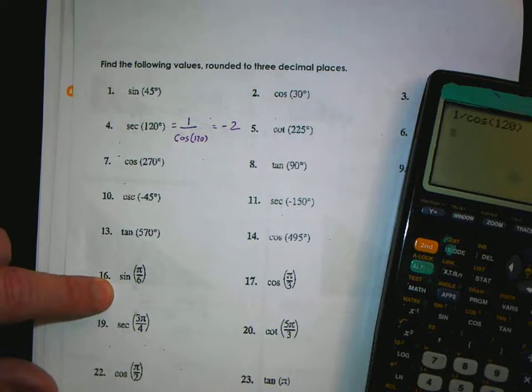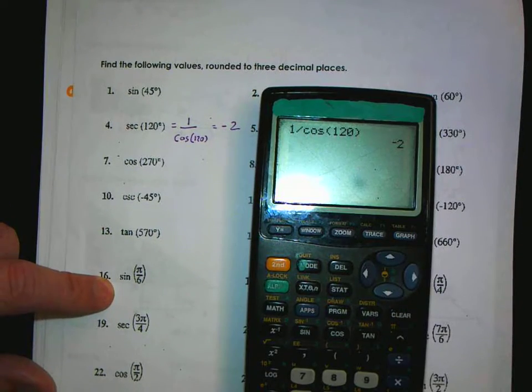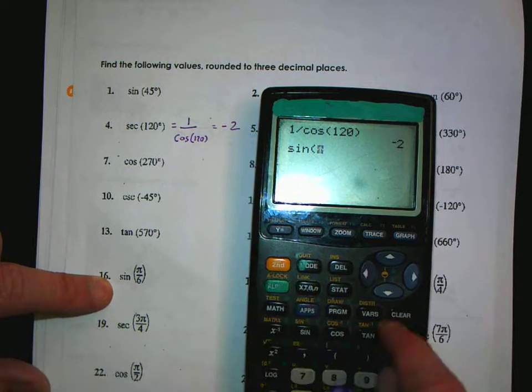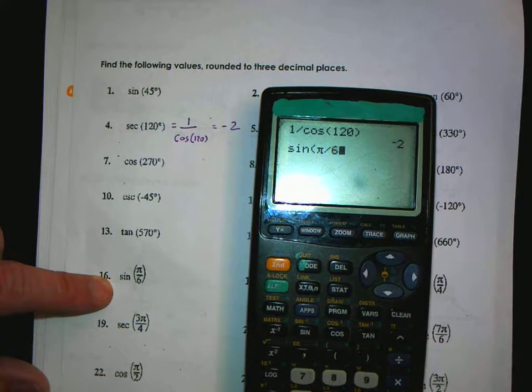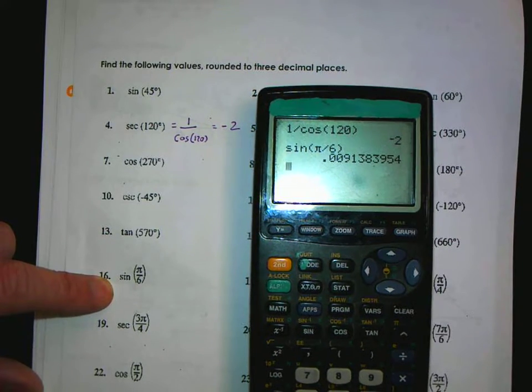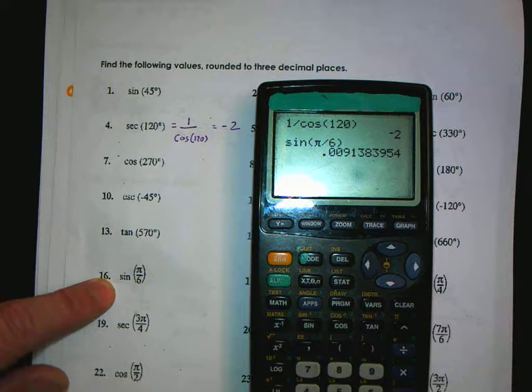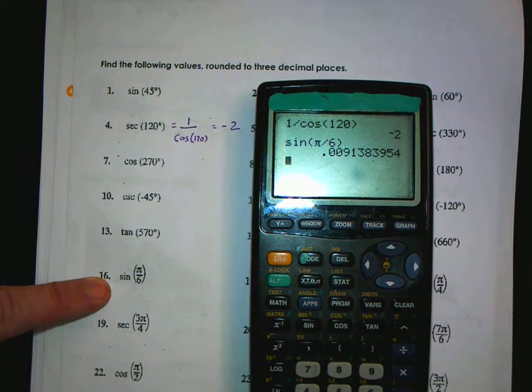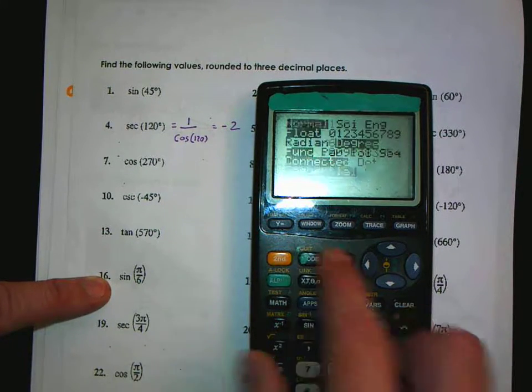And then down here, sine of pi over 6, and the pi button's right here. Now notice, it's not going to spit out the correct answer. Because that's pi's, I need to change this to radians.